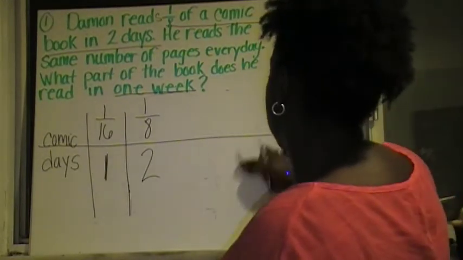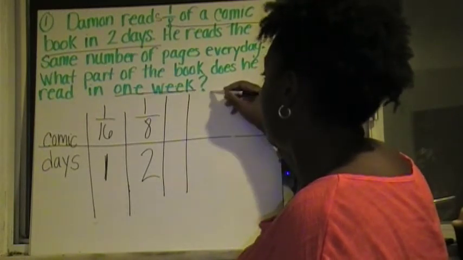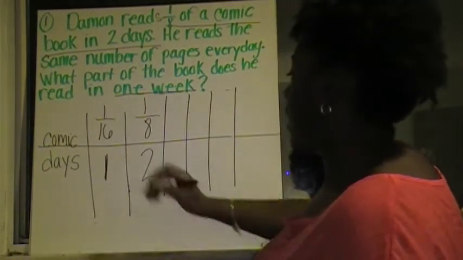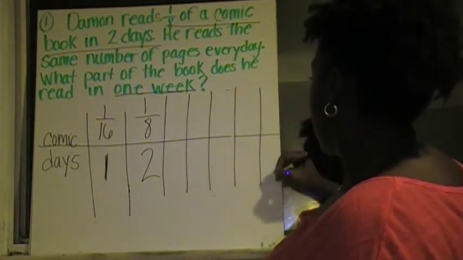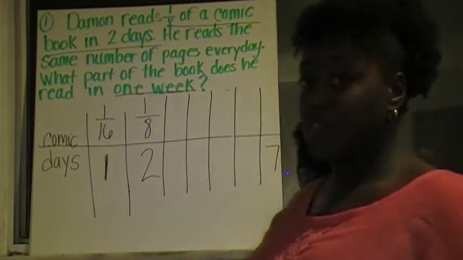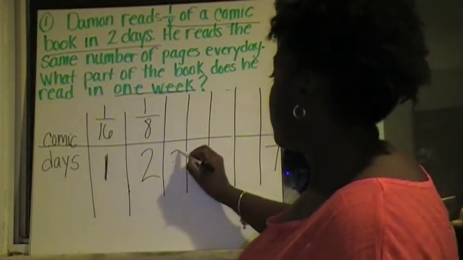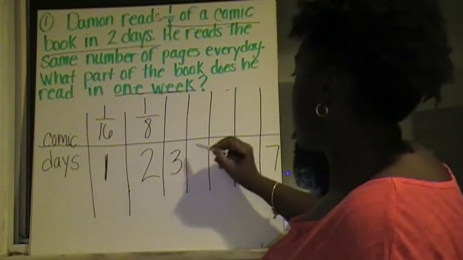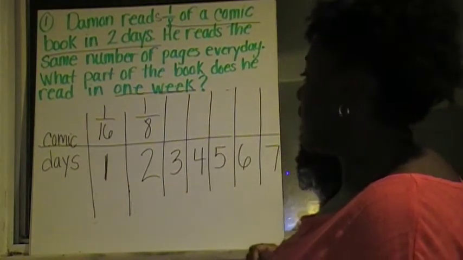So I'm going to extend my table so that it has 7 days. 1, 2, 3, 4, 5, 6, 7. Fill in the table. Count by 1/16. So this is 1, 2, 3, 4, 5, 6, 7.